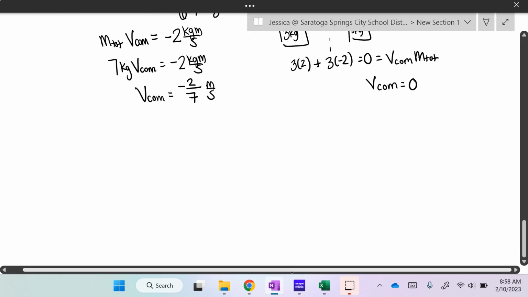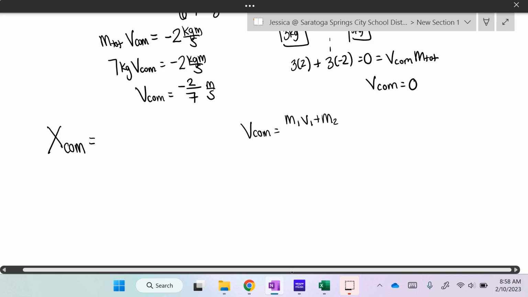One thing that might be helpful to know is how to actually figure out where the position of that center of mass is, maybe at some starting point. So the way that we find that is actually kind of similar to how we find the velocity, because if you think about it, that velocity of the center of mass is really m1 v1 plus m2 v2, however many objects, all over the total mass.